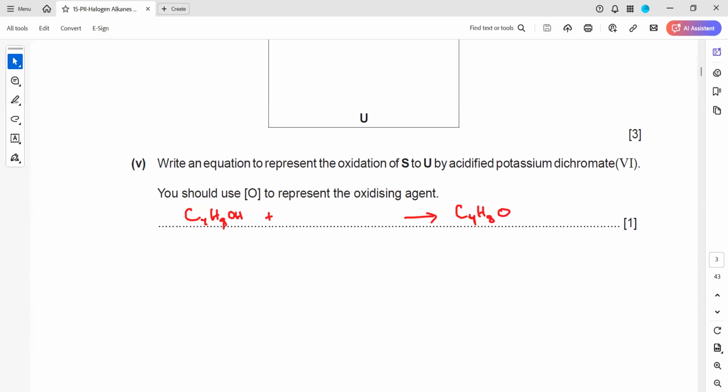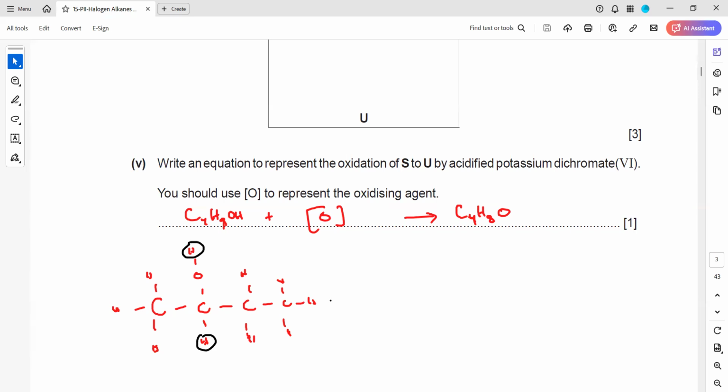The term oxidation has two meanings: addition of oxygen or removal of hydrogen. Two hydrogens will be removed here from the original compound, one of the hydrogens and another hydrogen, and we have oxygen from the oxidizing agent.